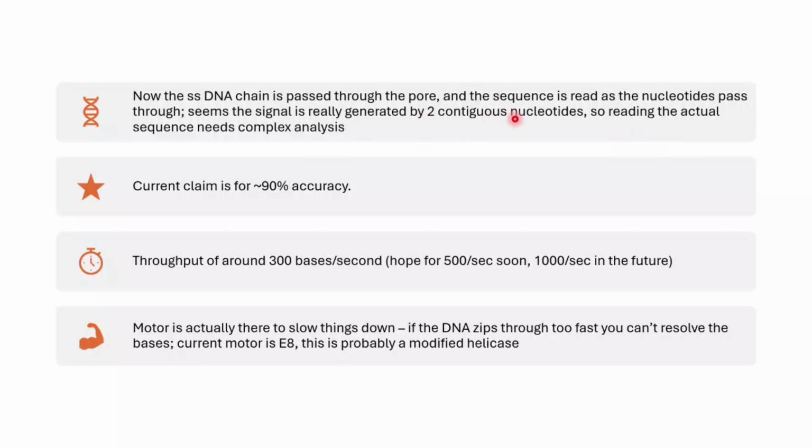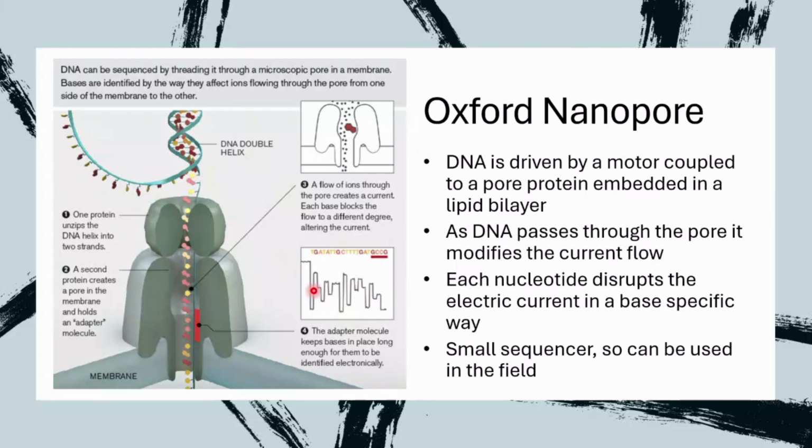They say it's one nucleotide, but it seems to be two nucleotides, so that's the first thing. And so the signal is not as simple. It's like the SOLiD system, kind of a two-nucleotide system, so you read two at a time, and you need some sort of complex analysis to differentiate these here, okay?